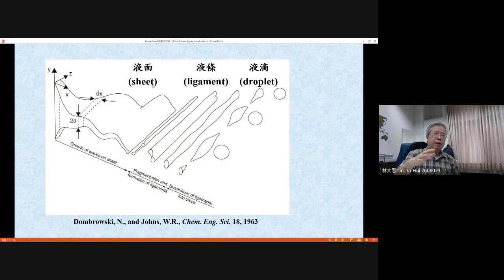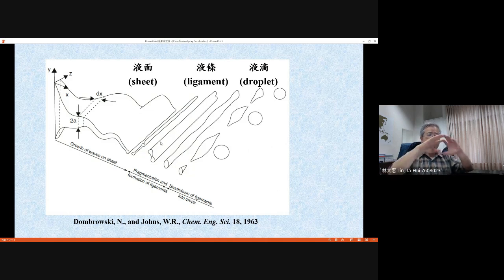And when they are coming out, the wave disturbance will occur on the liquid sheet, something like this. Then you can see the growth of the wave on the sheet. When the intensity of the wave disturbance is large enough, it will break up the sheet into the ligament. This is the ligament.